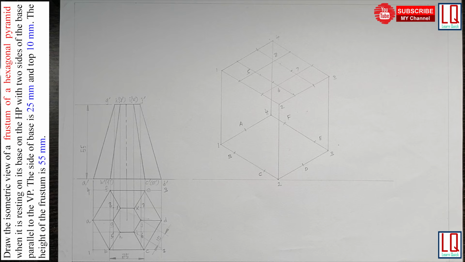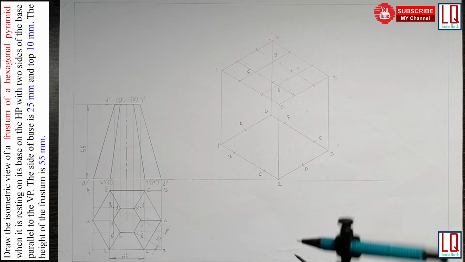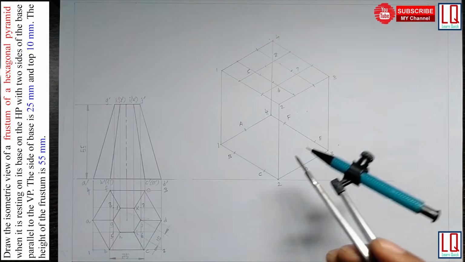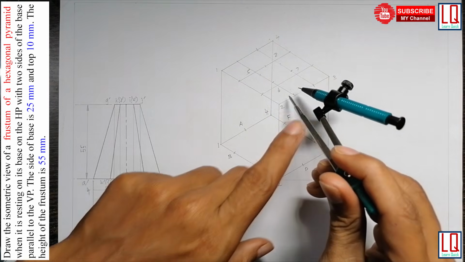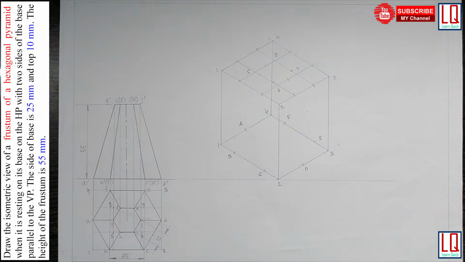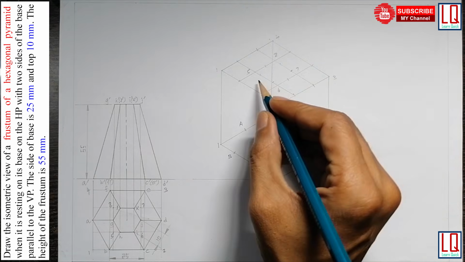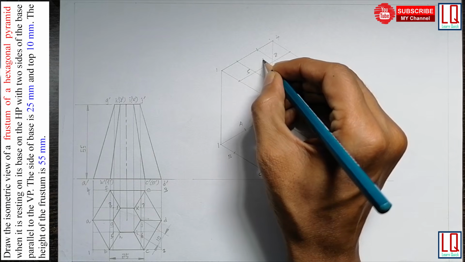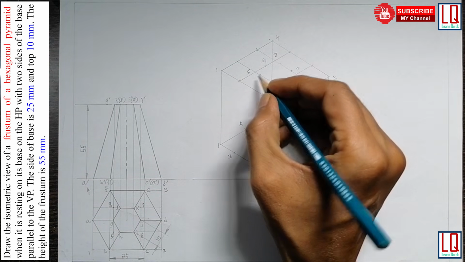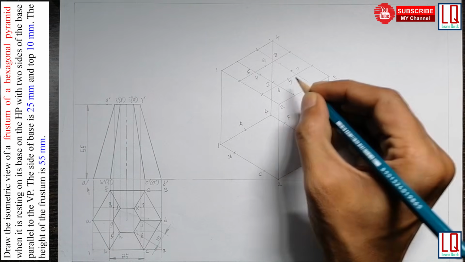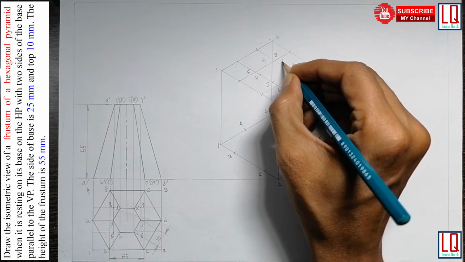So now I measure from 5 to G. So towards 8 I measure G. Similarly from 6 to J is of same distance. I mark J here. So now I name all the points. Here I have G, here I have H, I, J, K and L.